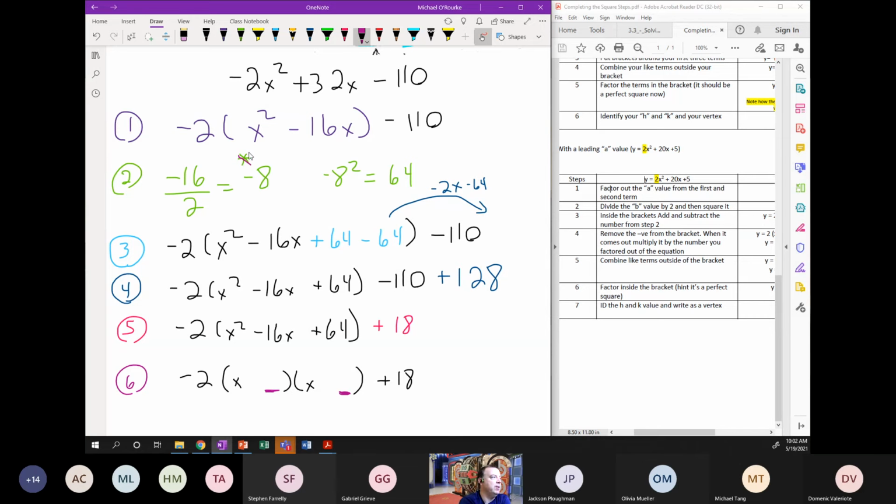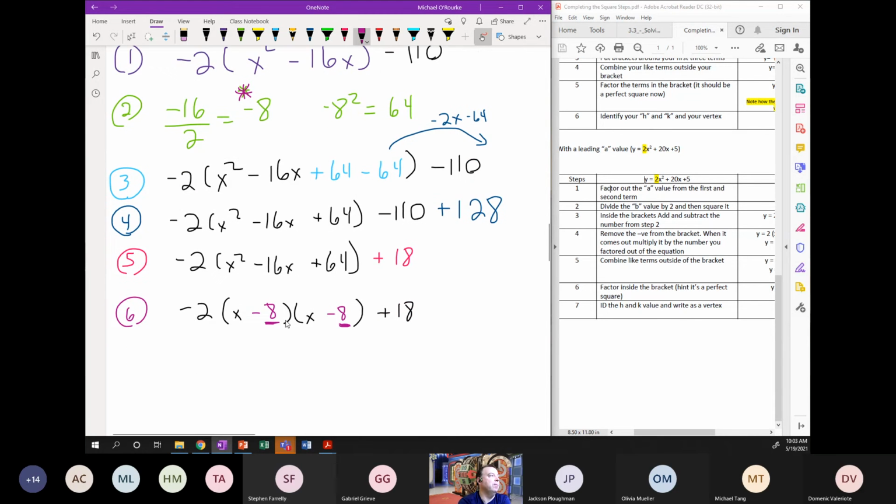Good. Remember, it's that number I start up here. When you first divide it by 2, that's the number you're going to put in here. So that's why I take a moment to make a note of it, because you're going to use it later. Then my equation is x minus 8 squared plus 18.